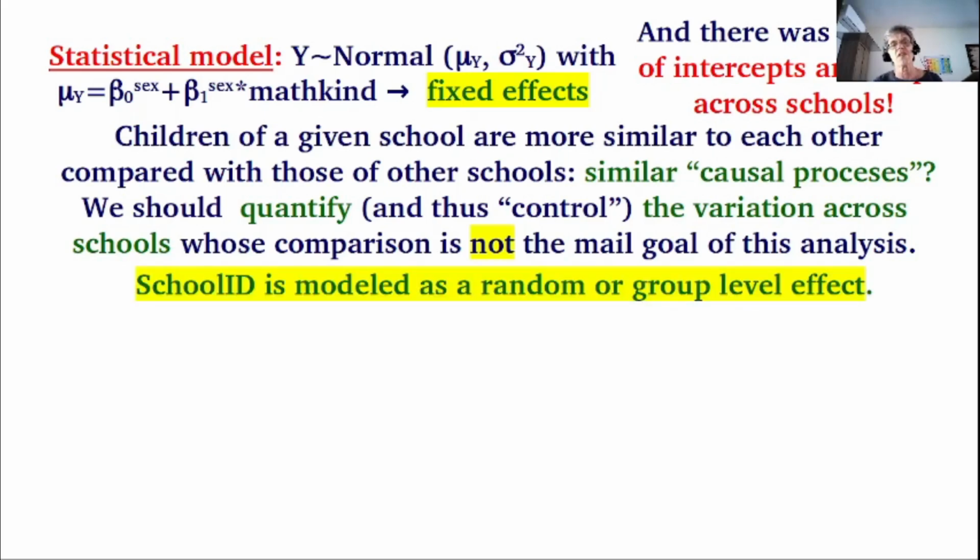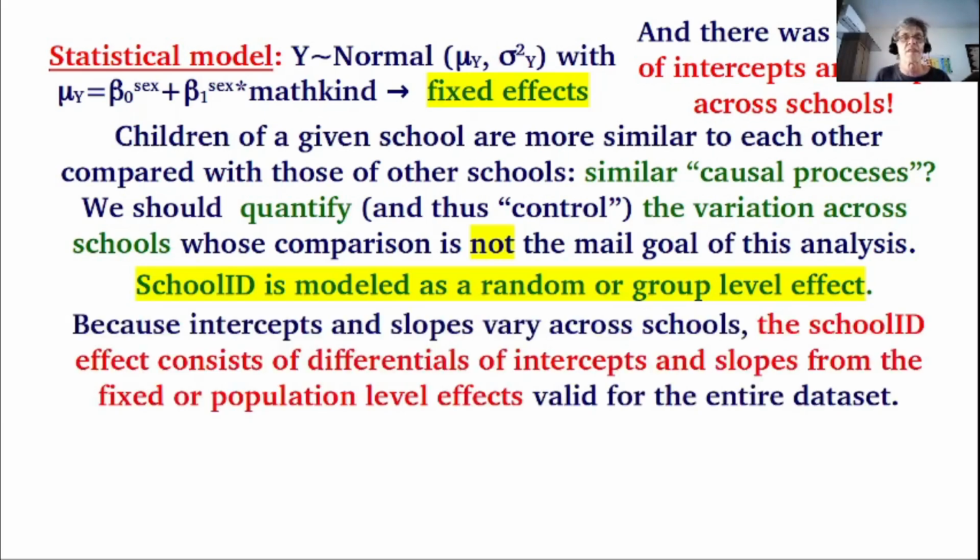So school ID is going to be modeled as a group effect or random effect, and because the intercepts and slopes vary across schools, the school ID effect will consist of differentials, that is, values positive or negative, that will tell us how much the intercept and the slope for each school differ from the fixed or population level effects that are valid for the entire data set.